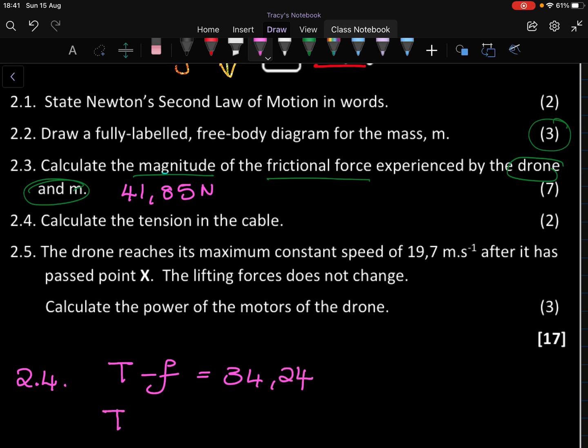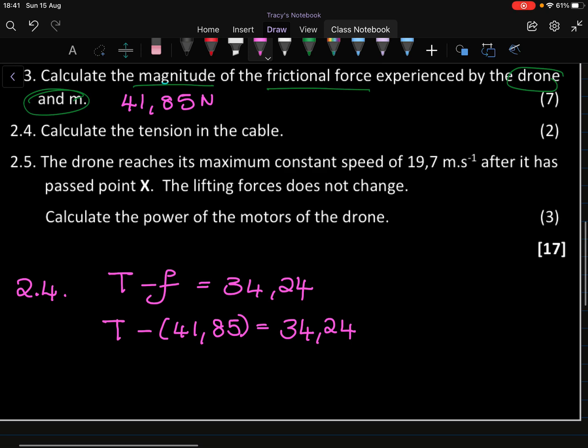So I'm going to have tension minus 41,85 equal to 34,24. So tension is now 34,24 plus 41,85, 76,1 newtons. Tension you cannot give me a direction for, because tension is acting down on the drone and up on the mass.